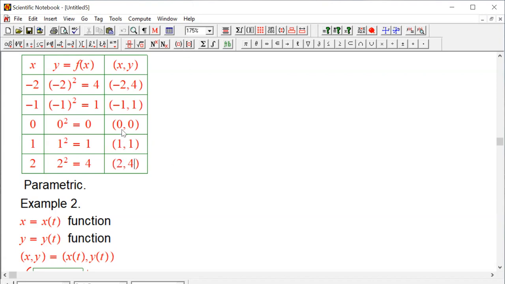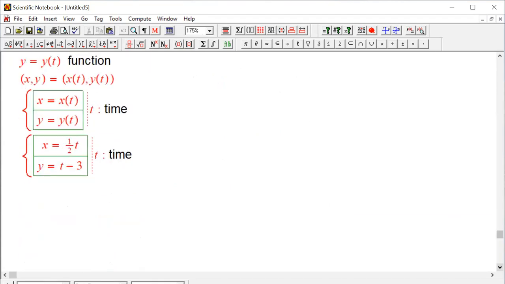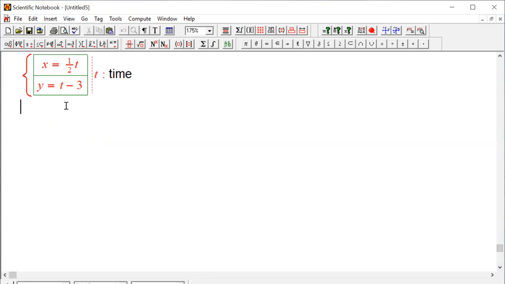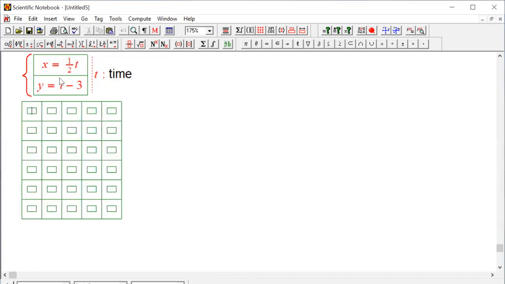Okay, so we can plot as many points as we want, and we put these points one by one on the picture. So I'm not going to do it in detail. However, for this new kind of function, we're going to make our table a little bit more, because we have an extra t. x depends on t, y depends on t.